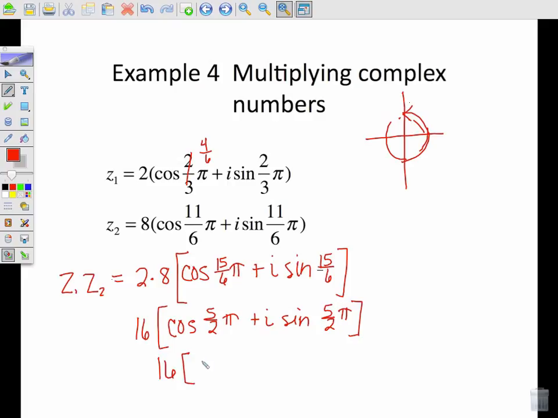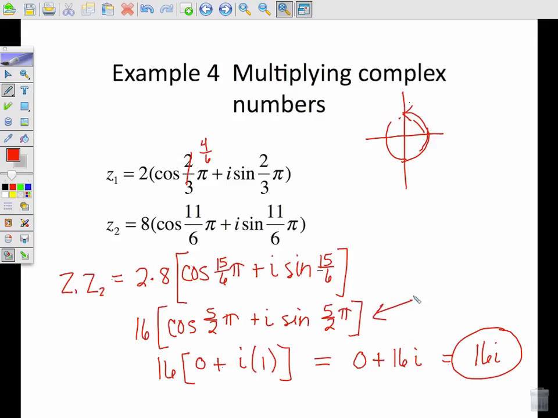And so the cosine is 0, so it's 16 times 0 plus, and the sine would then be 1, i times 1. So we are looking at the complex number 0 plus 16i, which equals 16i. So this is the answer to the product of those two complex numbers.